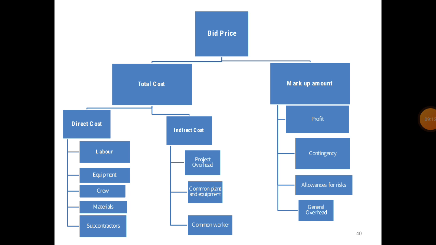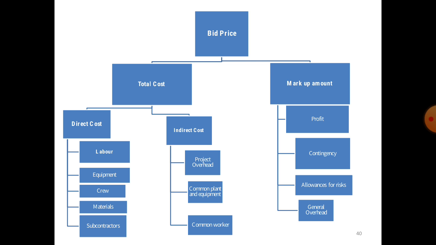So here one chart is given for a particular topic. First, the bid price is distributed into two parts: first is the total cost and second is the markup amount. The total cost, as already discussed, is divided into two parts: first a direct cost and second an indirect cost. In the direct cost we include labor cost, equipment cost, crew, materials and subcontractor.